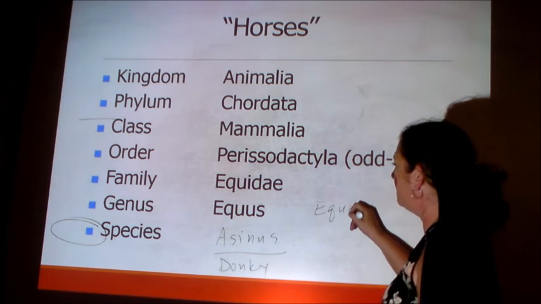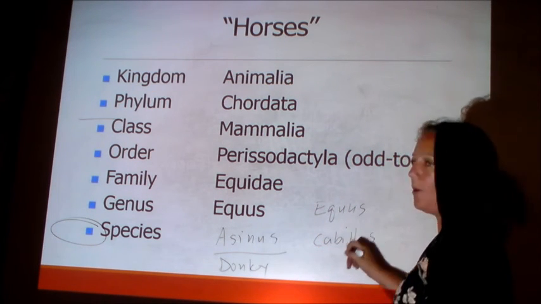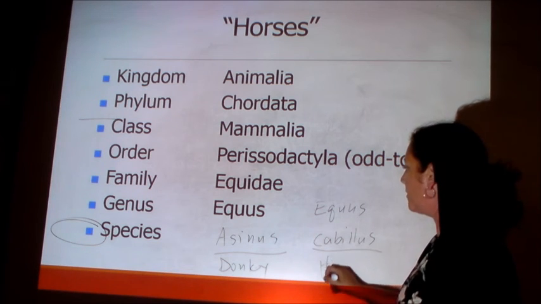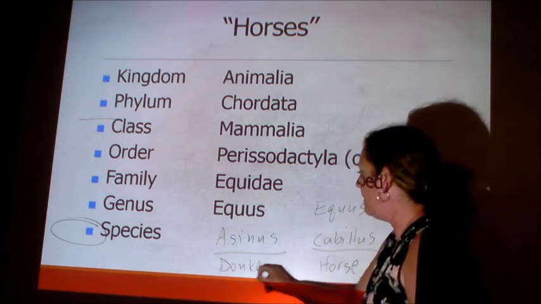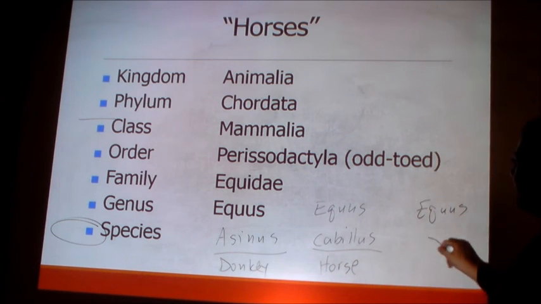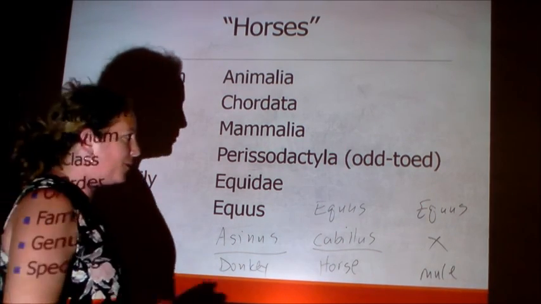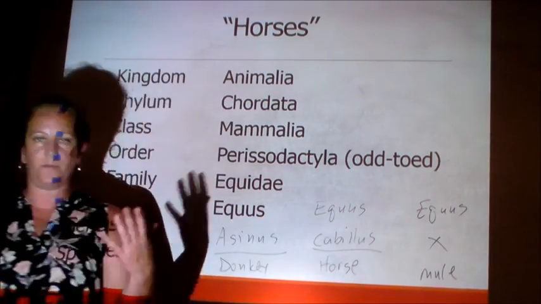Equus caballus, I have no idea if I'm spelling this right, is a horse. And Equus nothing is a mule, because it's not its own species. In order to be a species, you have to be able to reproduce. These guys can't reproduce, so they're not a species.